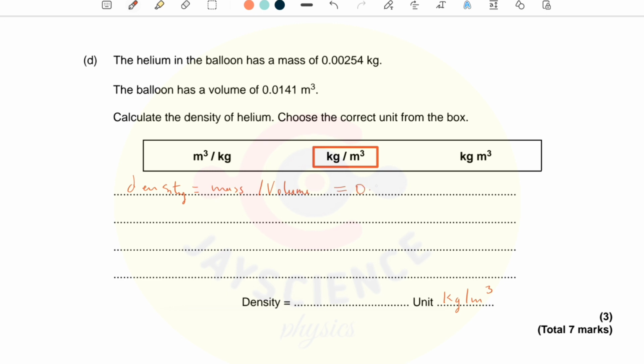That is 0.00254 kg divided by the volume, which is 0.0141 meters cubed. And if you plug this into your calculator, you should get 0.18.